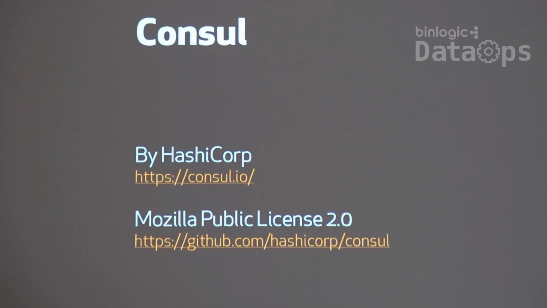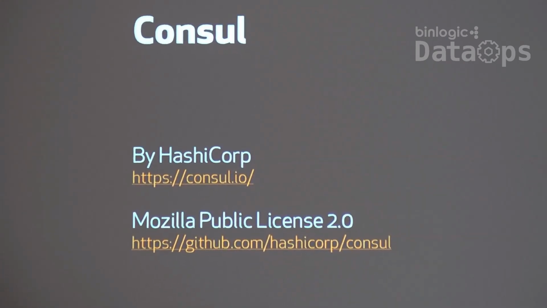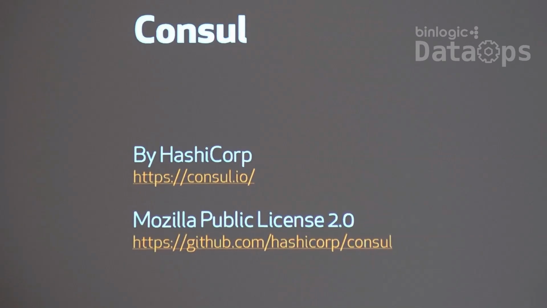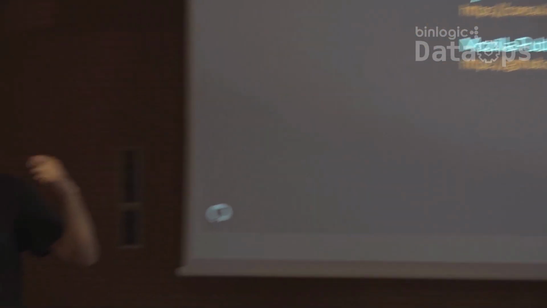So Consul runs service discovery, health checks, DNS. It is a highly available setup, so you would have like 3 or 5 Consul servers talking to each other. But for our purposes, I'm only using a small fraction of Consul, which is, I'm using it as a distributed, highly available key value store.